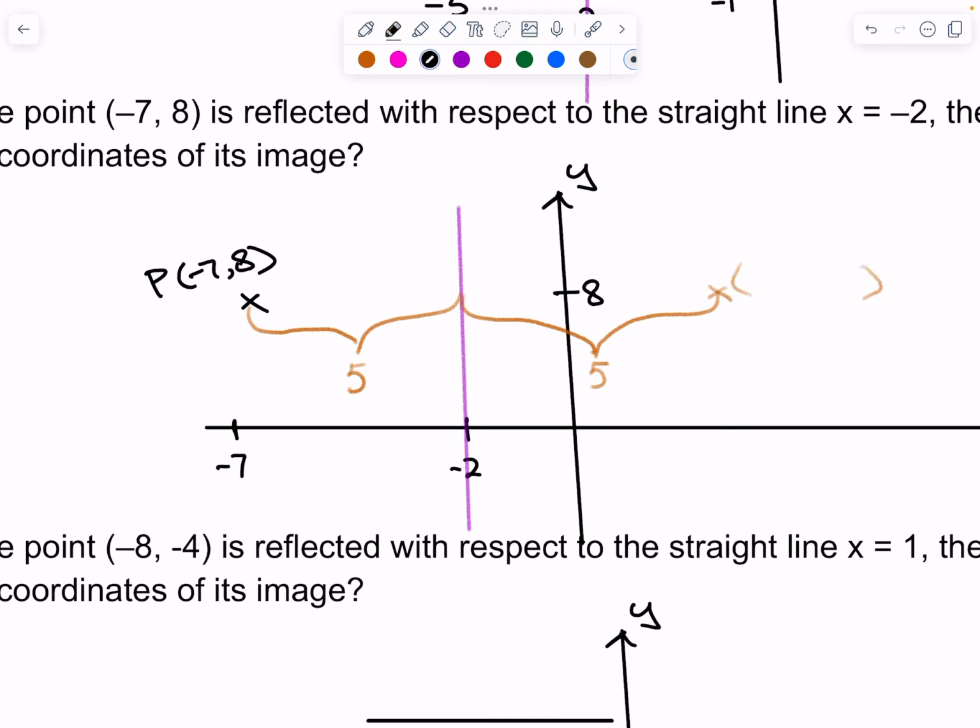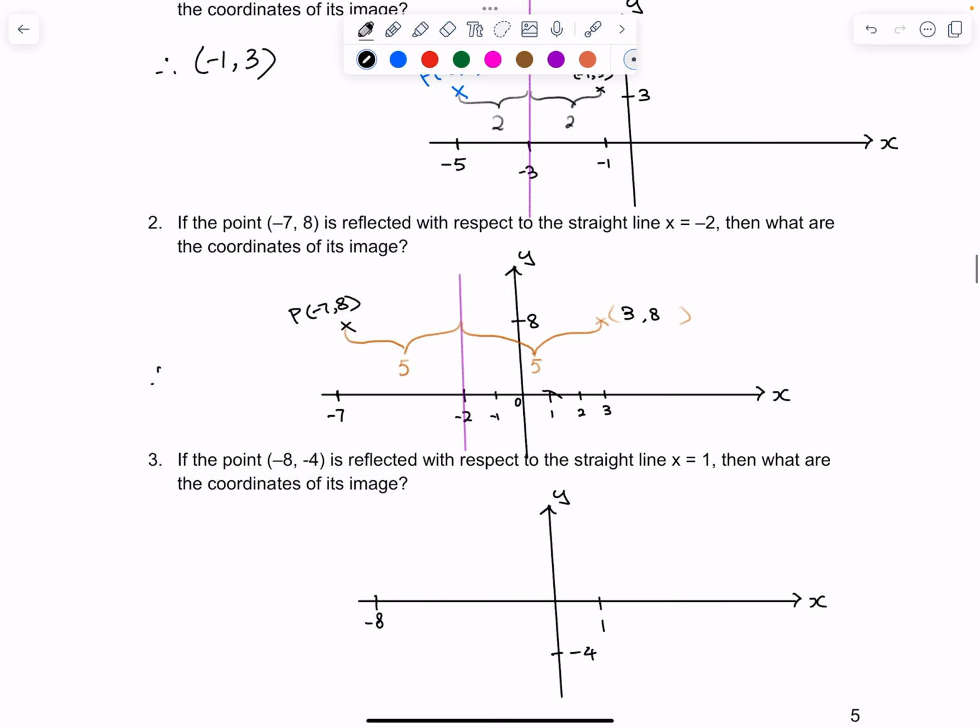From -2 you have -1, 0, 1, 2, 3. 1, 2, 3, 4, 5 steps. So you will be at (3, 8). So that's your new point. So your new point is (3, 8).